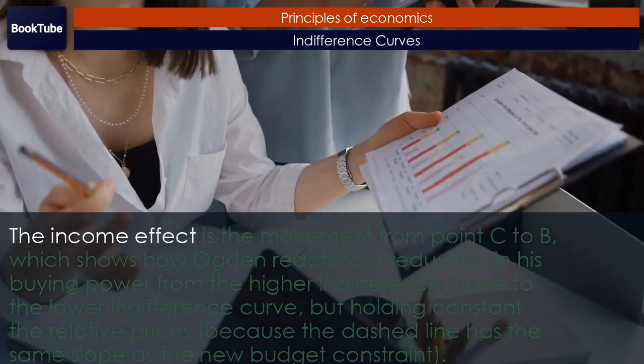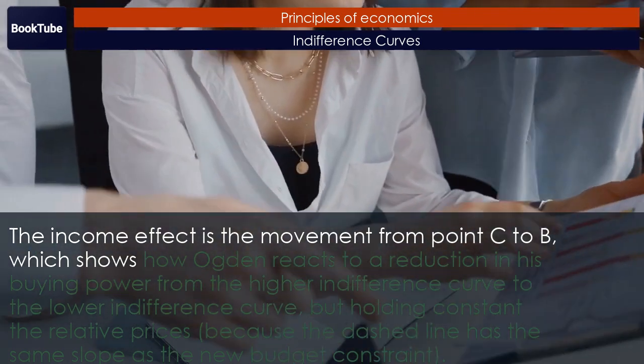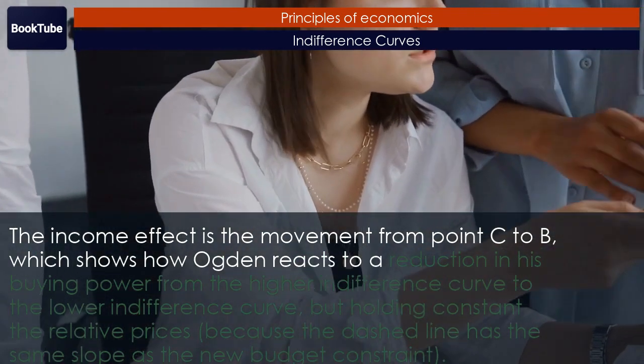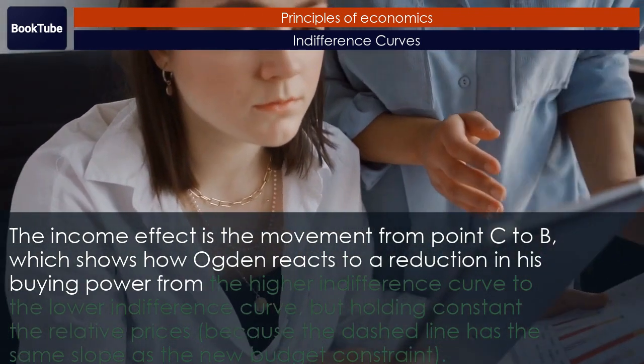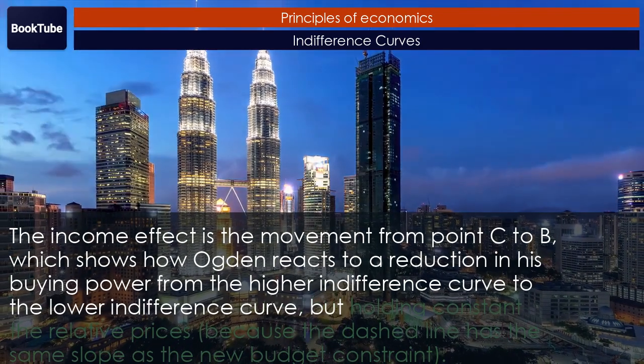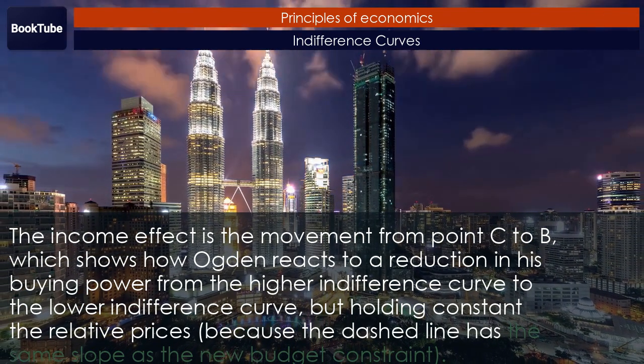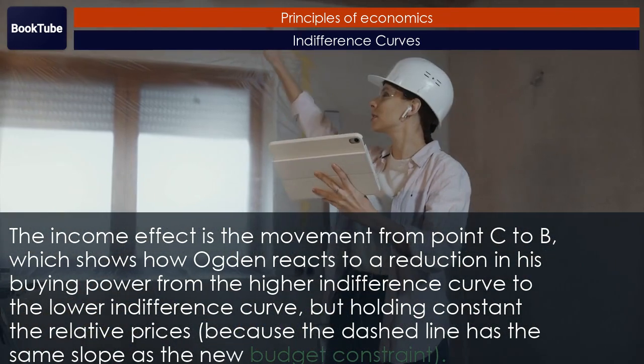The income effect is the movement from point C to B, which shows how Ogden reacts to a reduction in his buying power from the higher indifference curve to the lower indifference curve, but holding constant the relative prices, because the dashed line has the same slope as the new budget constraint.